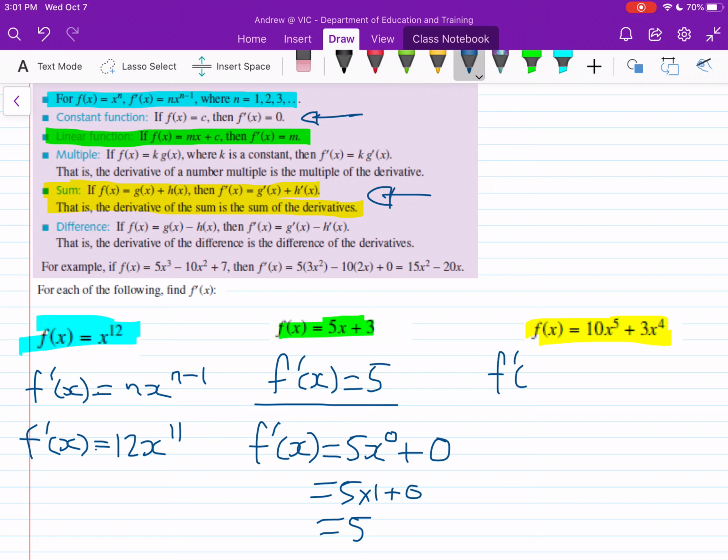We've got f'(x). So this becomes 5 times 10, because it's 10 times x to the 5.